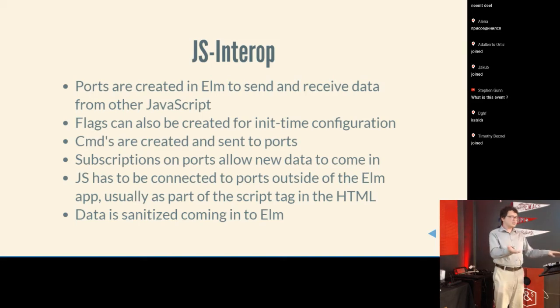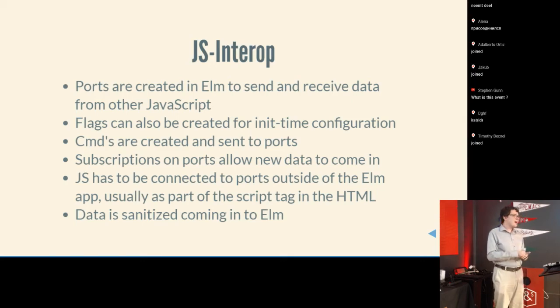The flags were discussed earlier, and those are for init time configuration, such as giving the app a key to identify a user, for example. So commands are created and then sent to the ports that you've signified, just like you would send a command to the WebSocket to emit some data to the server.